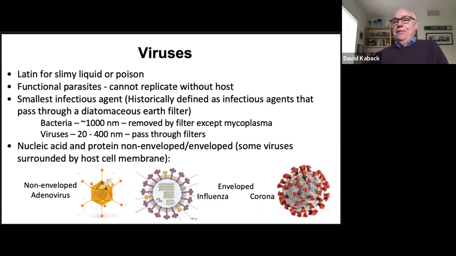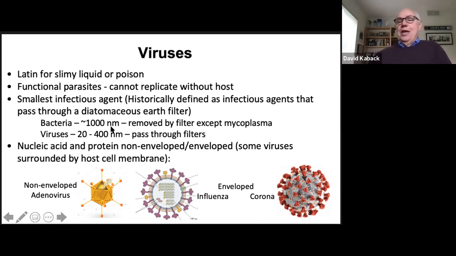So these were infectious agents that were essentially found in the filtrate after filtering, whereas bacteria, in the early age of microbe hunters, were stopped by these diatomaceous earth filters, and you could actually see them in the microscope early on.